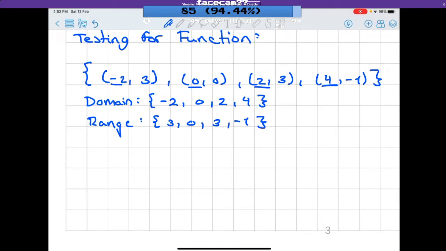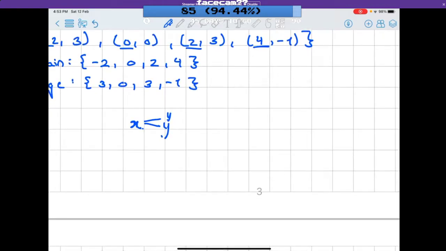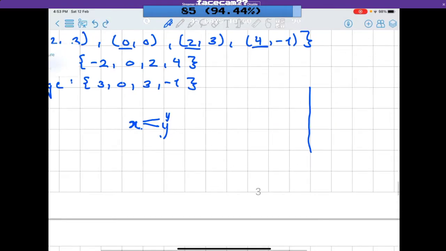Let's look at the rule first. The rule states that for it to be a function, domain has to be unique. It cannot be repeated. You cannot have 2 and 2. It's saying that you can't have one x value going to multiple y's, okay? Because if you do, imagine they gave you 2 and 3, and then 2 and 0, okay?